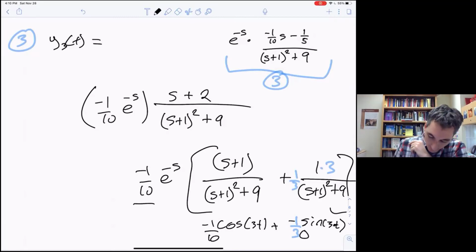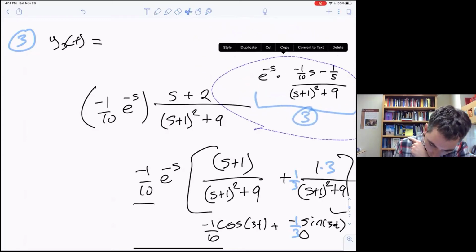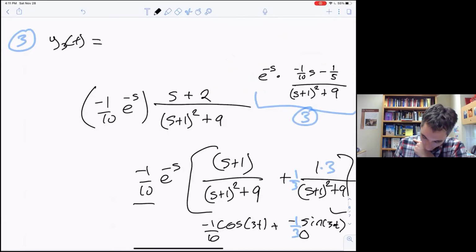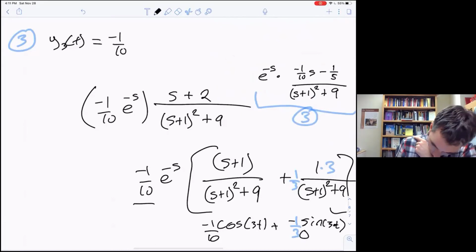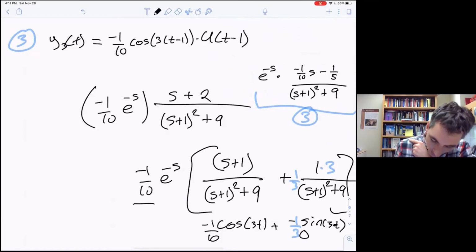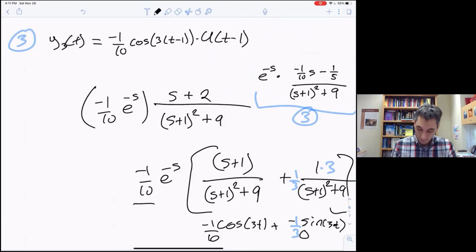So the final answer for y3 is, if I can slide this out of the way here, we should have negative 1/10 cosine of 3 shifted by 1, so t minus 1, and then turned on at t equals 1.